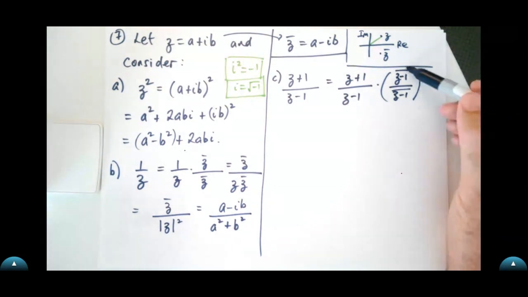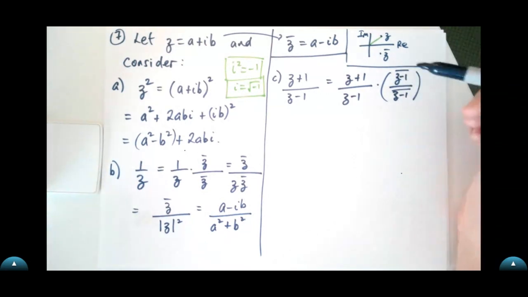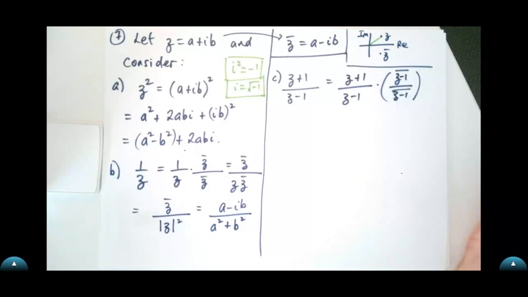So who can tell me in the chat, is there a way of breaking this up and simplifying it in the top? What would the conjugate of Z minus 1 simplify to? Oh, not quite, Rahul. Oh, very interesting.